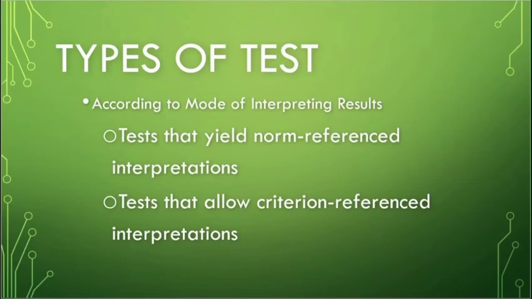And once you test the performance, you are going to compare the actual performance to the set criterion, the set standards, the set competencies, those set descriptors in your rubric. So the criterion is the domain of the subject matter and not the cut-off score. That's what we need to remember.